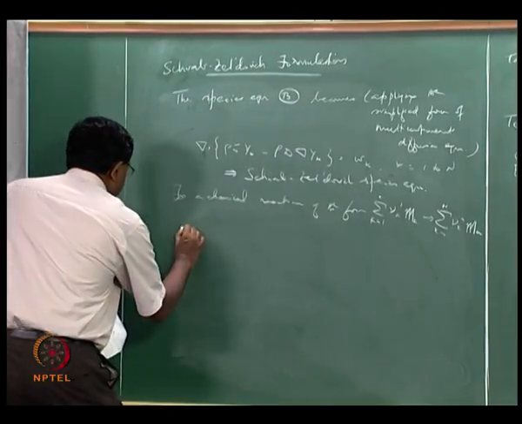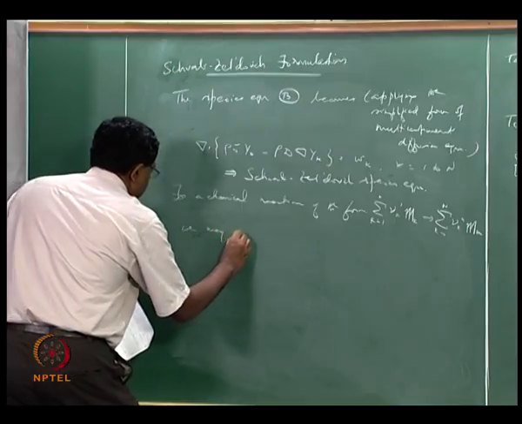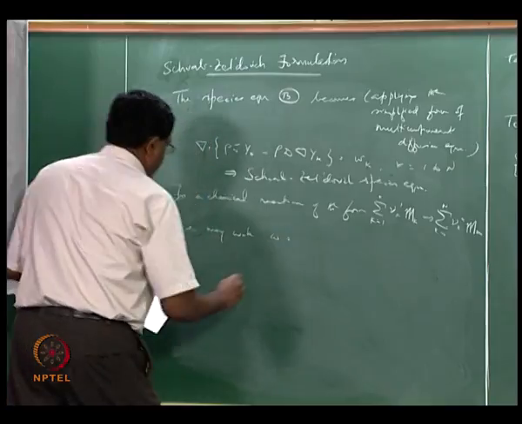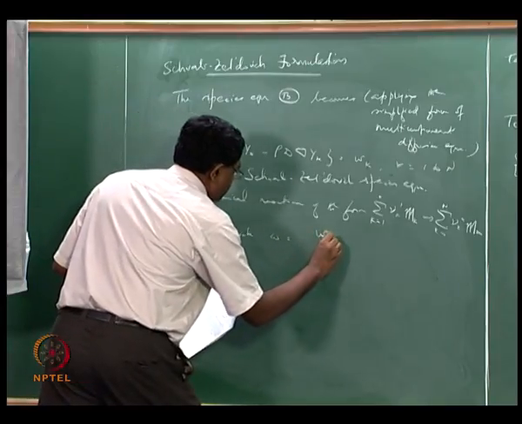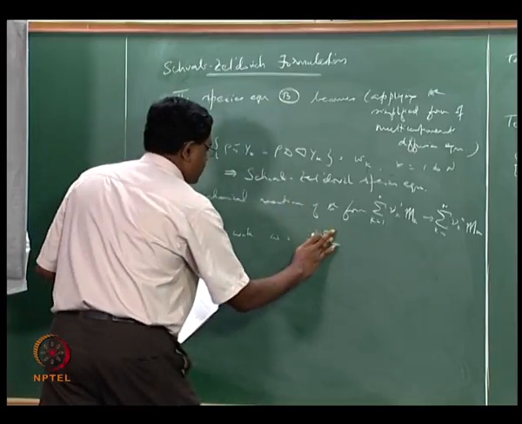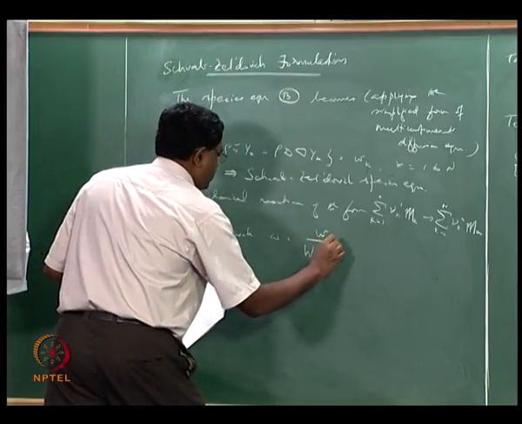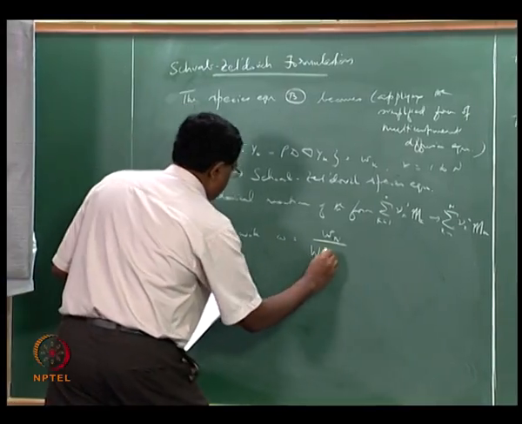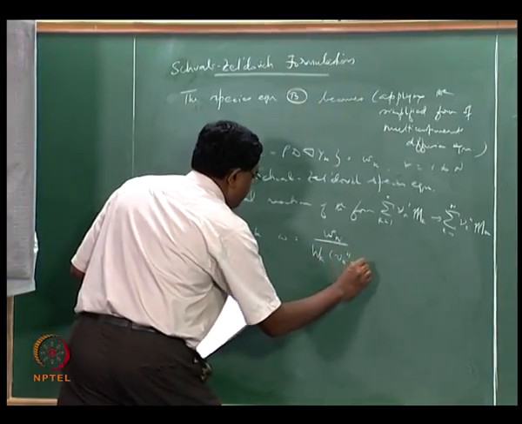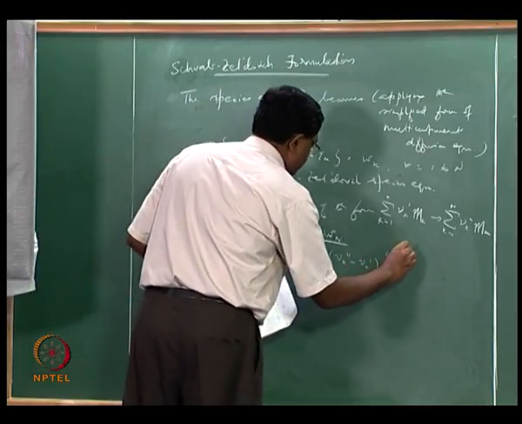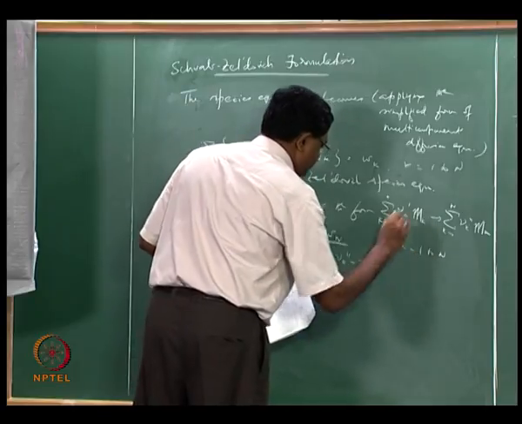We may write omega equal to wk divided by capital Wk, equal to wk divided by capital Wk times (nu k double prime minus nu k single prime), for k equals 1 to n.